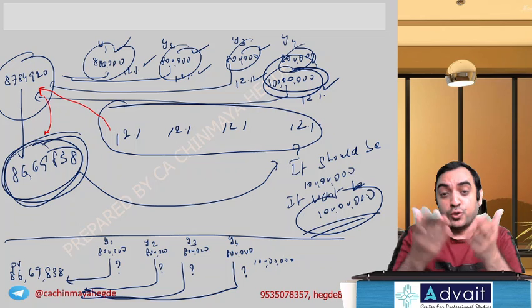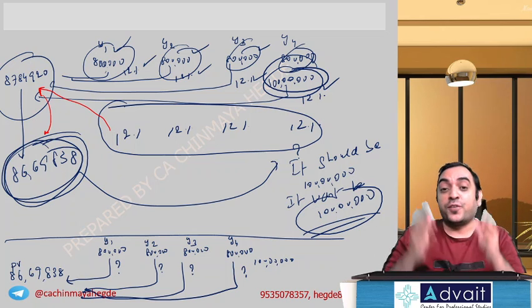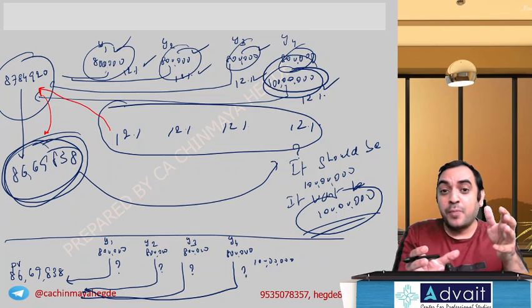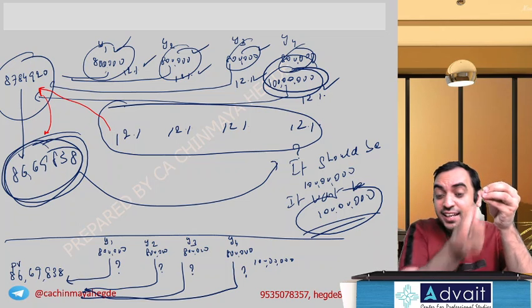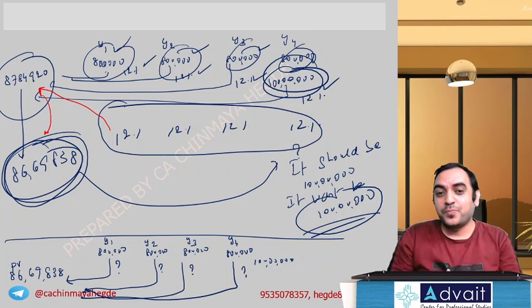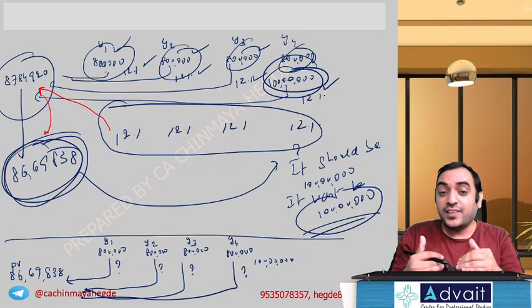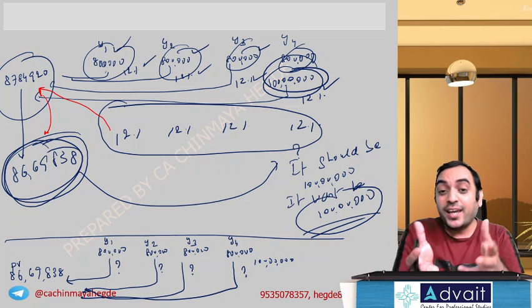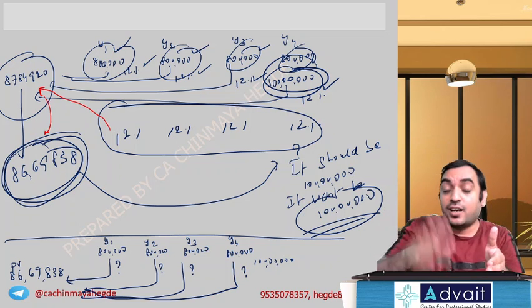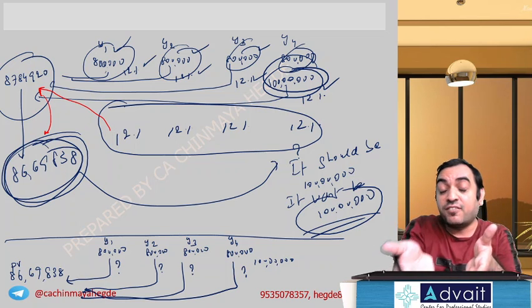In SFM also, I'm sure your SFM faculty would have shouted and told you, YTM and market price are inversely related. You'll always have a downward curve. Even in general, rate of interest is always inversely proportional to present value. Why? Because present value is future value divided by 1 plus r, and 1 by 1 plus r is the discounting rate.